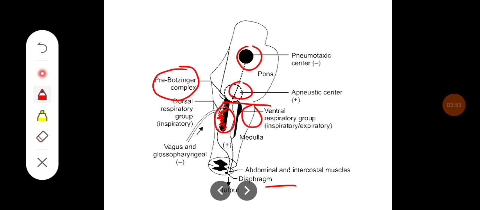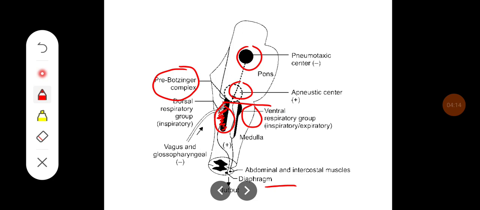Amongst these centers, the dorsal respiratory group of neurons plays a very important role, and in turn they are regulated by the ventral respiratory neurons and, from the pons, by the apneustic center and pneumotaxic center.